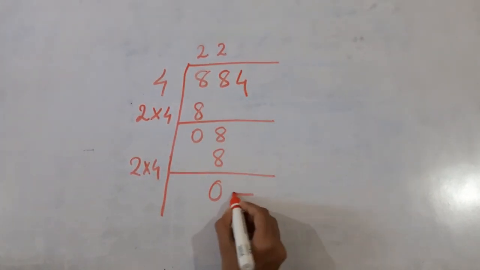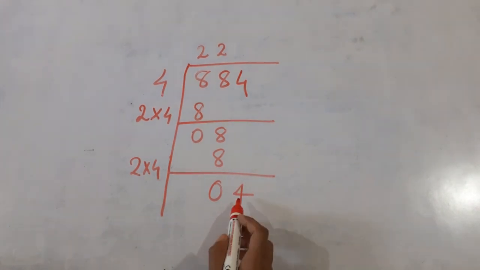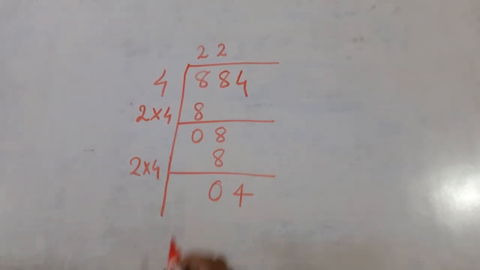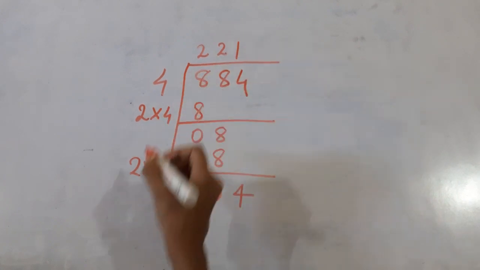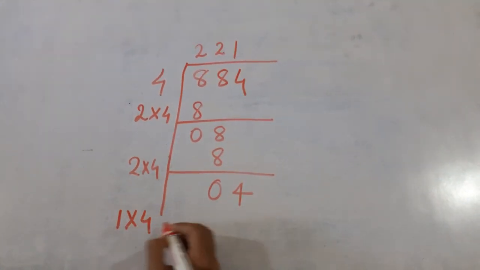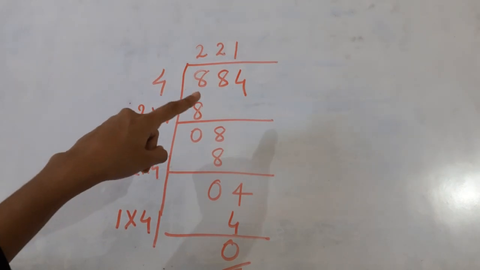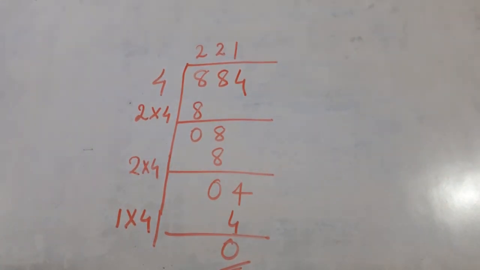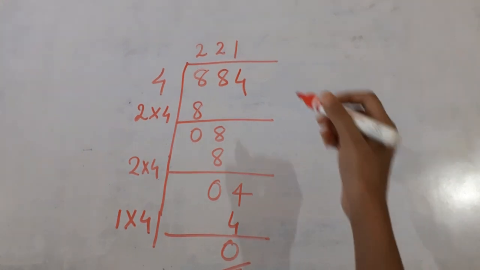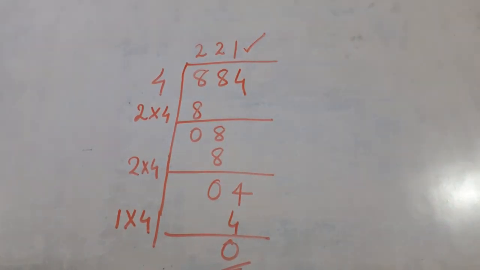Now I will write this 4 here. How many 4s are there in 4? 1. So 1 into 4 is 4. 4 minus 4, 0. So I can divide 884 equally. And one side of the square will be 221.